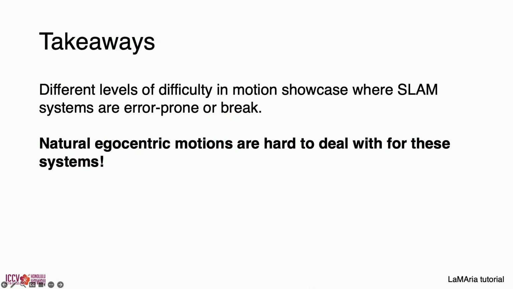So to recap quickly, the different levels of difficulty in motion in this set are quite useful to showcase where SLAM systems are error prone or break. For anyone who wants to use the data set, it's also a great set to start off with to see where your system is facing issues.